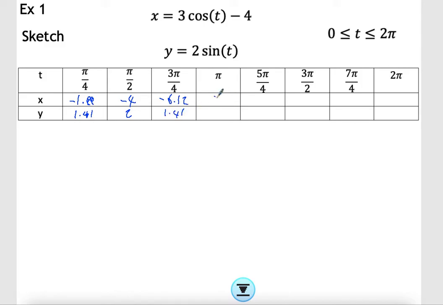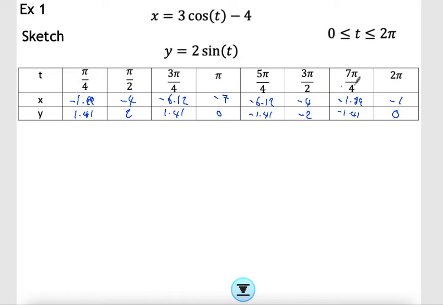Pi is negative 7 and 0. 5 pi over 4 is negative 6.12 and negative 1.41. 3 pi over 2 is negative 4 and negative 2. 7 pi over 4 is negative 1.89 and negative 1.41, and for 2 pi it is negative 1 and 0.